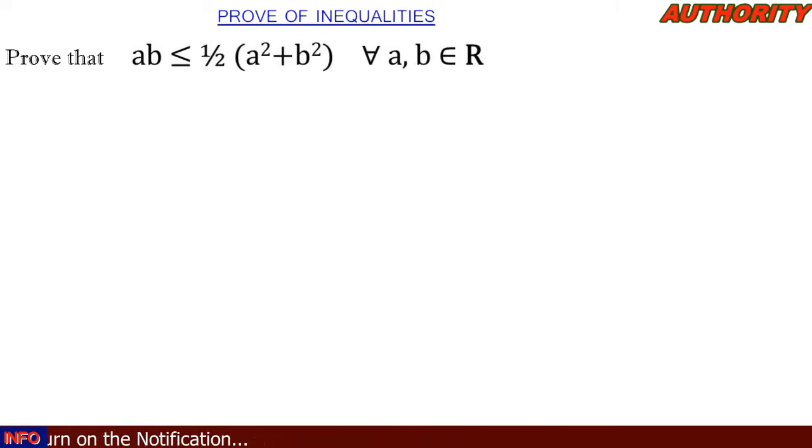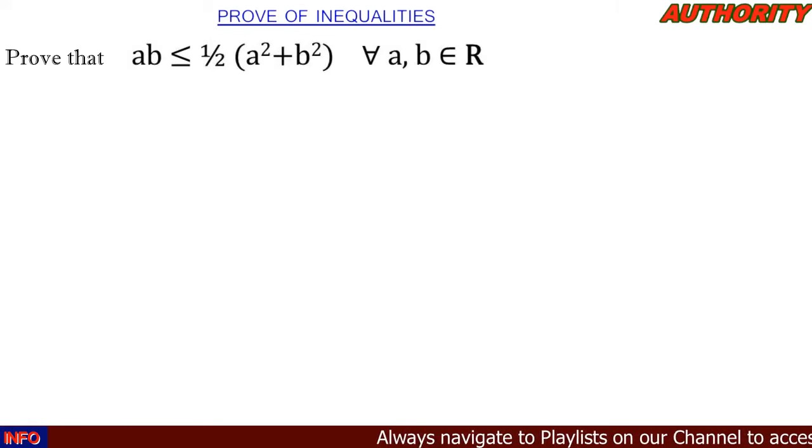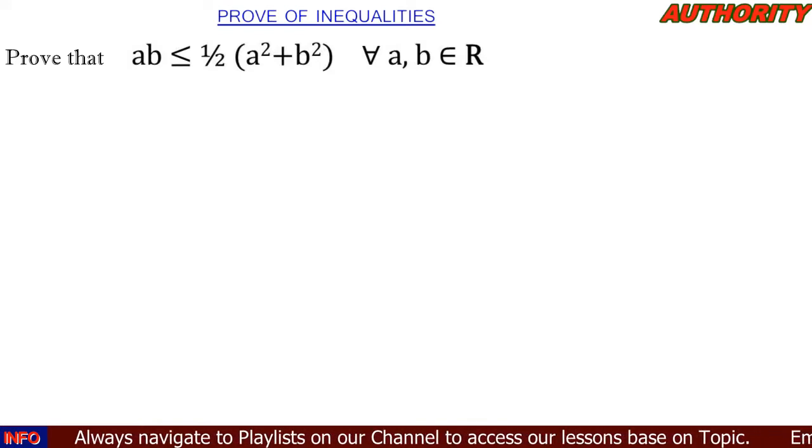So you take their squares, add them together, and half of it will be greater than or equal to the product, AB.